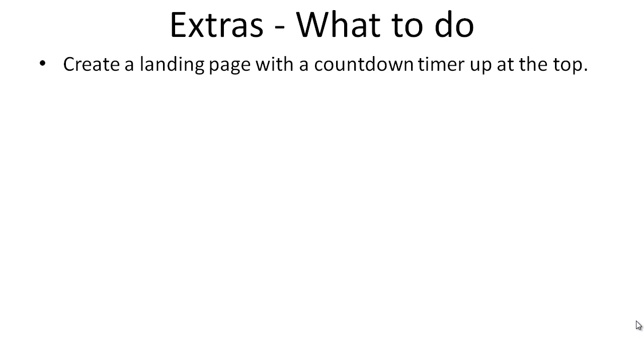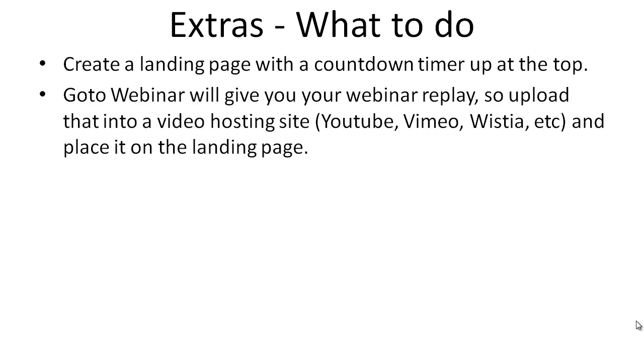At the very end of your webinar, you say something like, go to www.blablabla.com/special. You send them to a landing page with the countdown timer up at the top, and you place the buy button at the bottom so that they are reminded that there is a countdown.